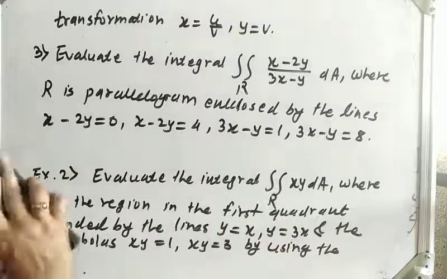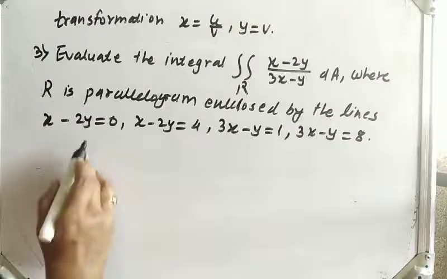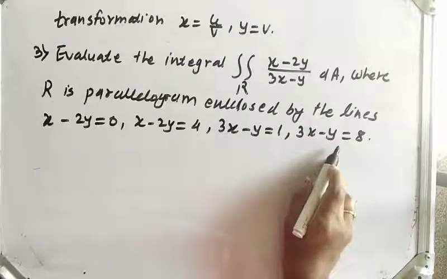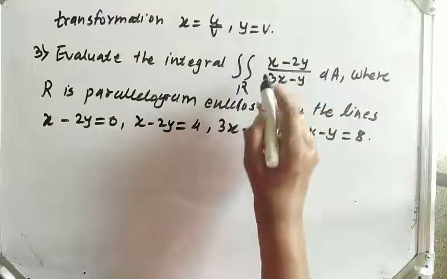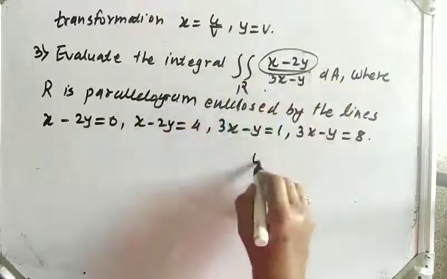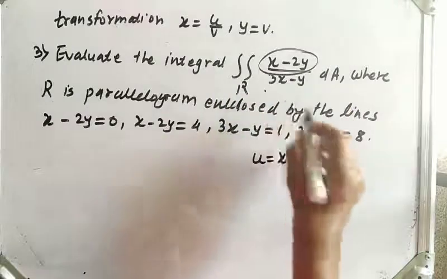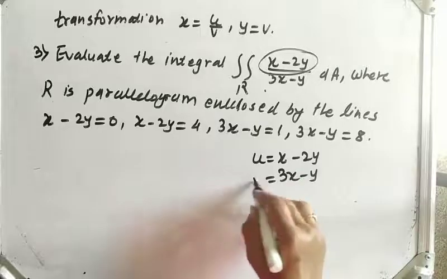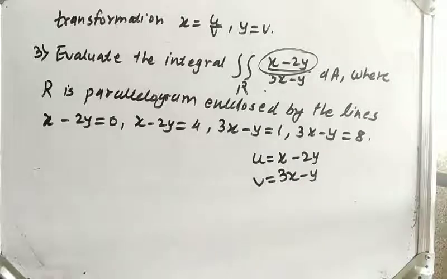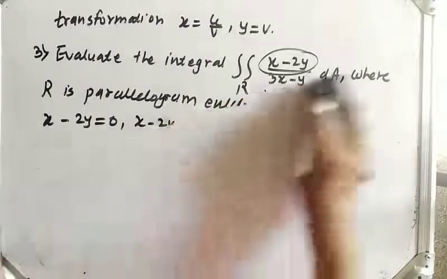In this third example, region R is given, enclosed by these 4 lines, but the transformation is not given. So from this you will find the transformation: you will put u is equal to x minus 2y, and 3x minus y is equal to v. Okay. So solve these 3 examples.